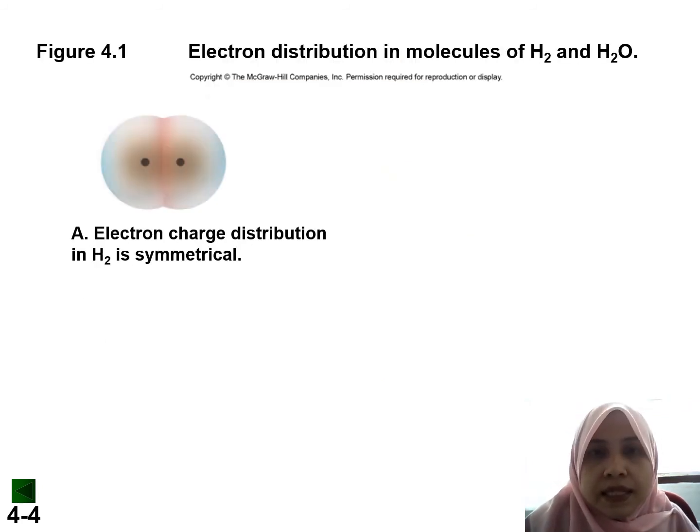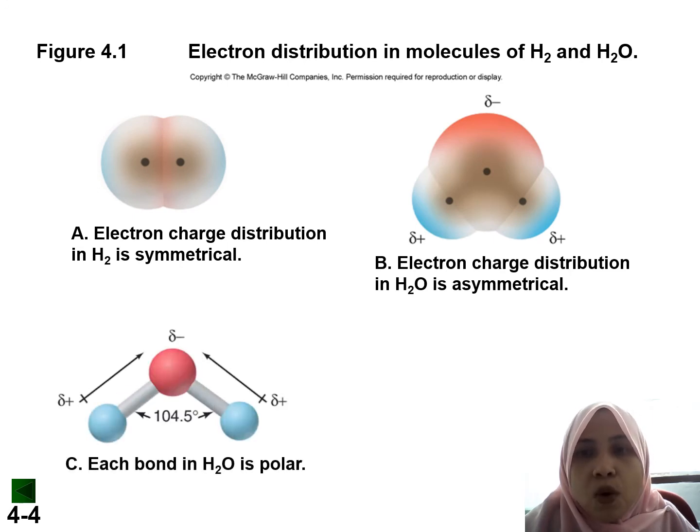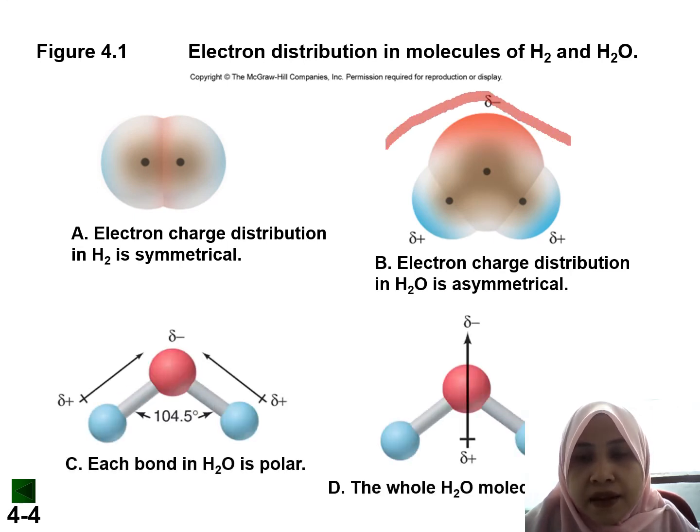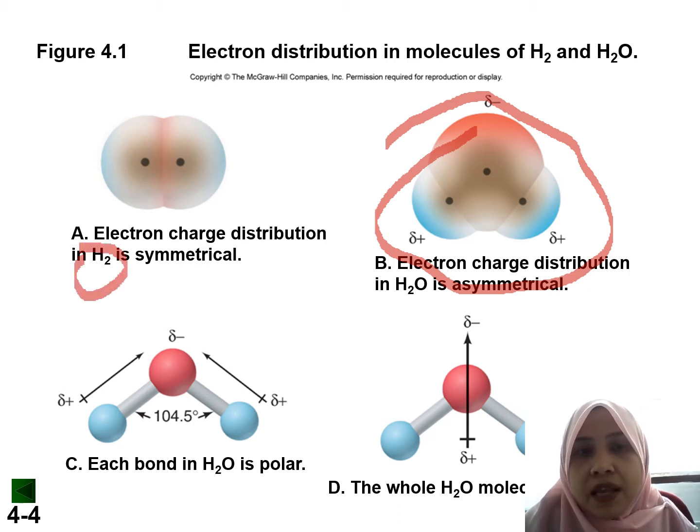As we can see from this figure, water has an uneven distribution of electrons, and the electron charge distribution in water is asymmetrical, compared to the H2 molecule, where the electron charge distribution is symmetrical.